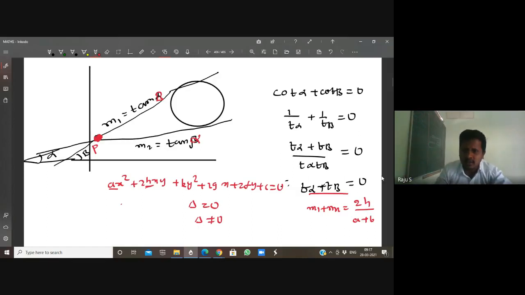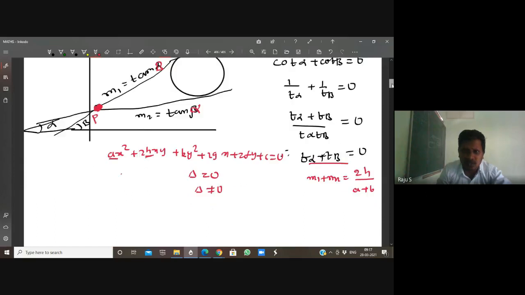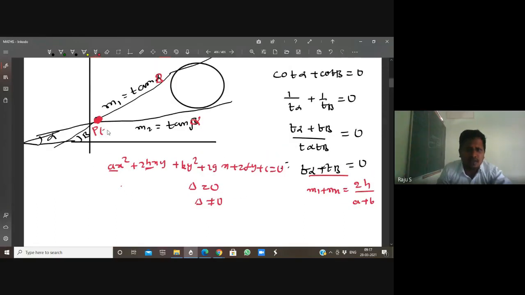Now, in this question, can anyone say what is the formula for the pair of tangents here? Yesterday it was clearly given: for circle, parabola, hyperbola, ellipse, it is a common formula. That is S into S double one is equal to S1 squared.